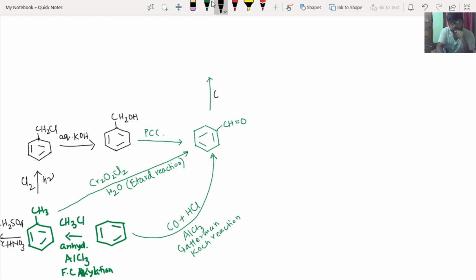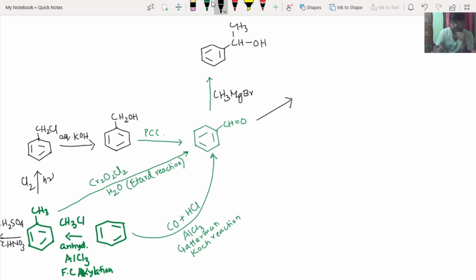If we treat this with methyl magnesium bromide, what is going to happen? It is going to get converted into a 2-degree alcohol, CH, CH3 and OH. Alright. One more reaction on this benzaldehyde.